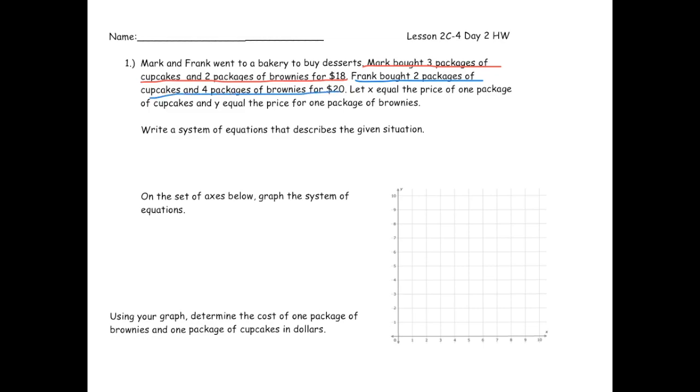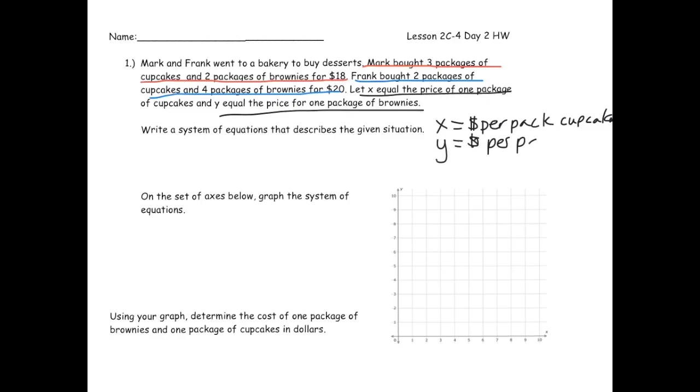Alright, let X equal the price for 1 package of cupcakes and Y is the price for 1 package of brownies. So they're already telling us what X and Y stand for. We're letting X equal the price, or the dollar amount, per pack of cupcakes, and we're also going to let Y be the price per pack of brownies.